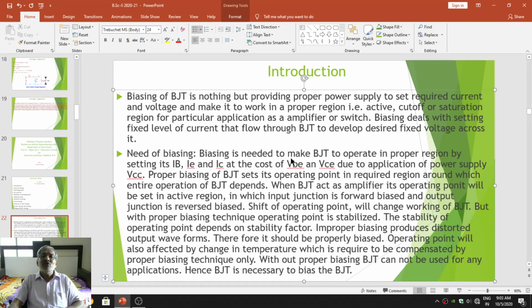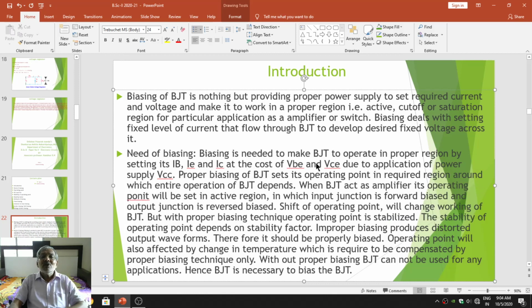Biasing is needed to make BJT operate in the proper region by setting IB, that is the base current, IE, that is emitter current, IC, that is collector current, at the cost of VBE and VCE due to application of the proper power supply of VCC.